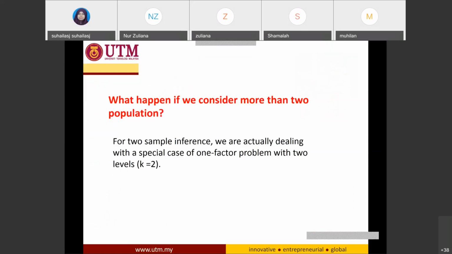So analysis of variance. This method is used when we want to consider more than two populations. Normally in hypothesis testing in chapter 3, we only consider one population and two populations, where we conduct Z test and also T test.